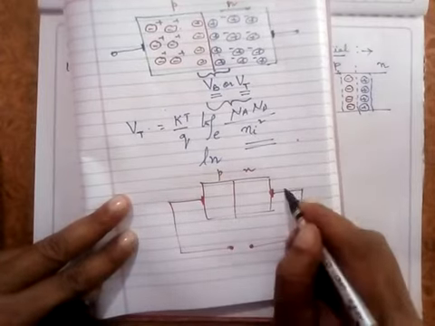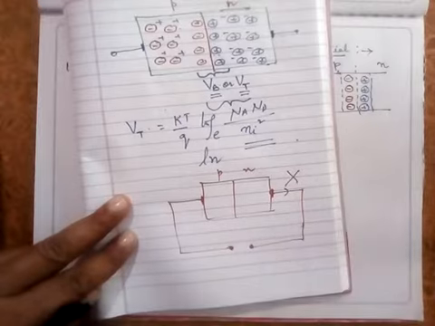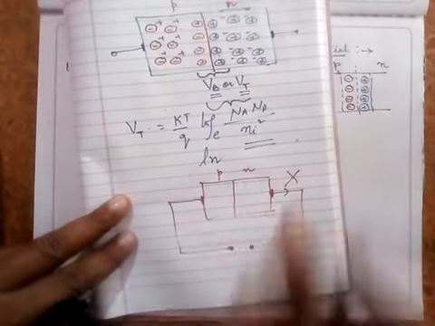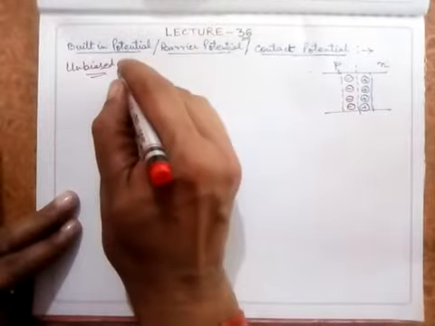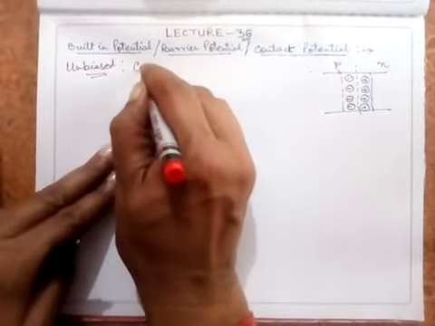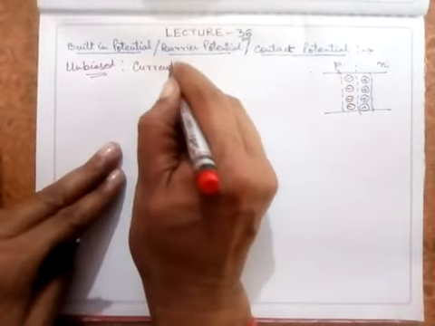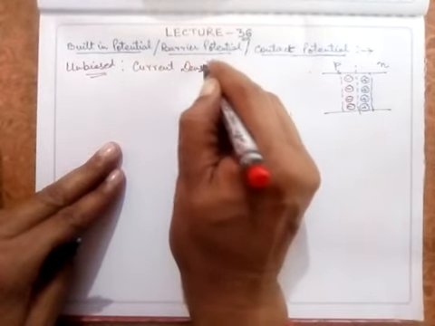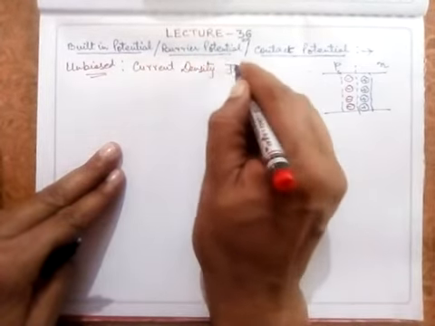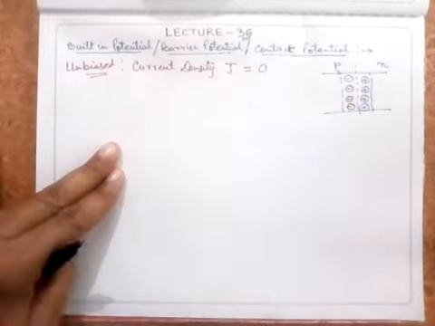So it means that the current flowing in the external circuit is zero. That is, the current density is equal to 0. So I can say that under this condition, for the unbiased condition, the current density J will be equal to 0.